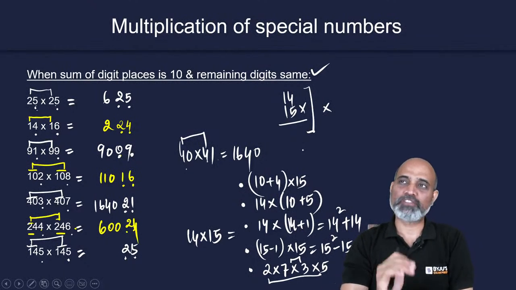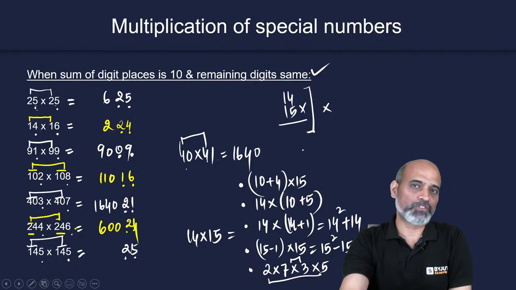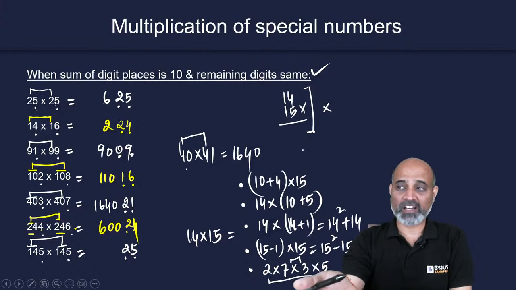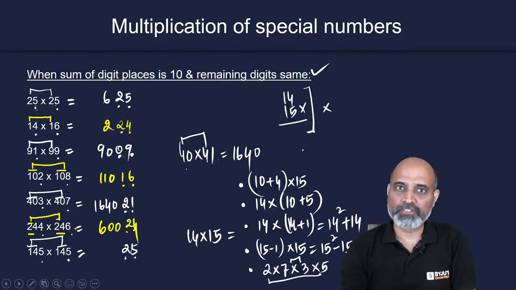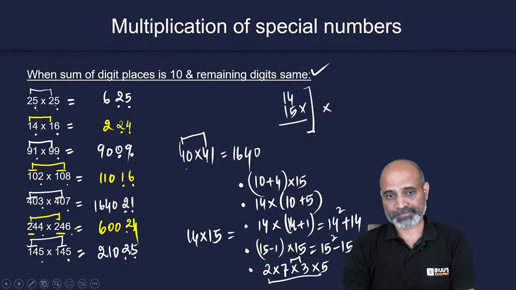Not wrong, I'll say very bad approach. Why? Because it's time consuming. It's keeping us like a kid. I mean, a standard 9th kid will be able to solve it faster than you. If you have an approach where a younger generation is better than you, you're not good enough. Okay? So, 14 into 15 is 210.